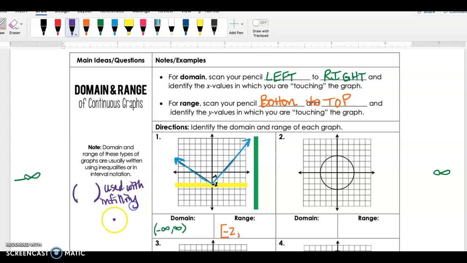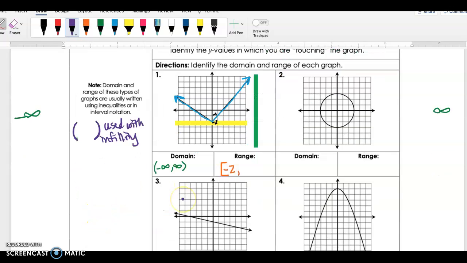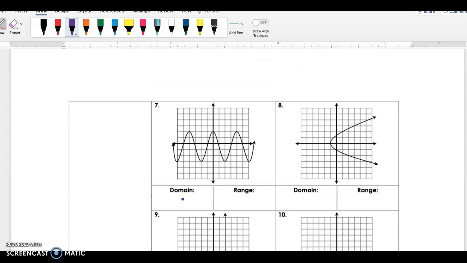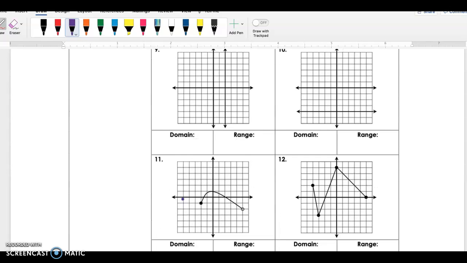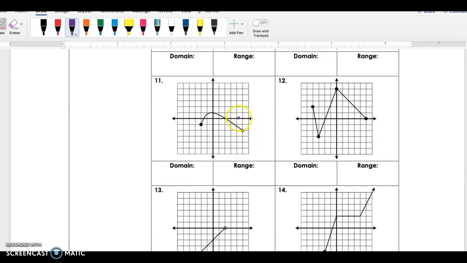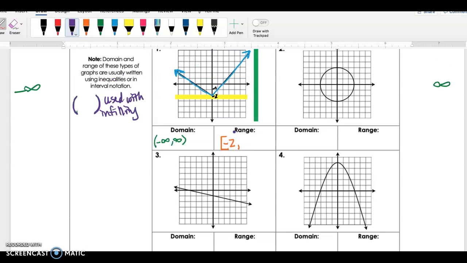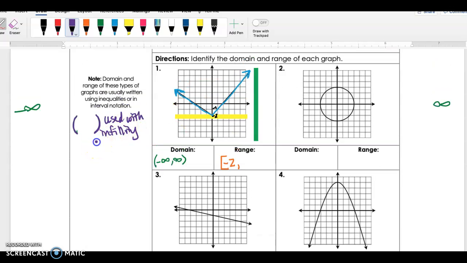They're really just going to be used for infinity for you. Oh, right here, this is a good one. This open dot, they're used for open dots too. So I'm going to go back up here and add that they're used with infinity and open dots, because the open dots say, hey, I want you to include everything but this number.